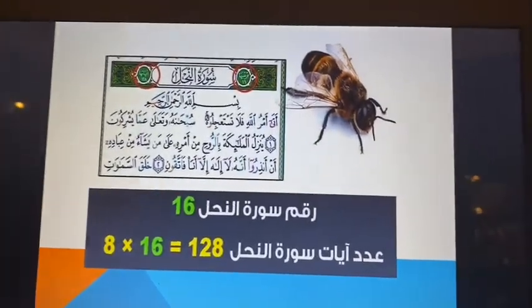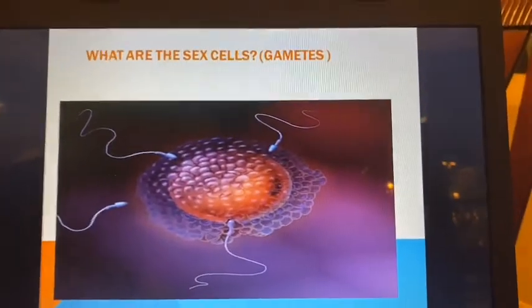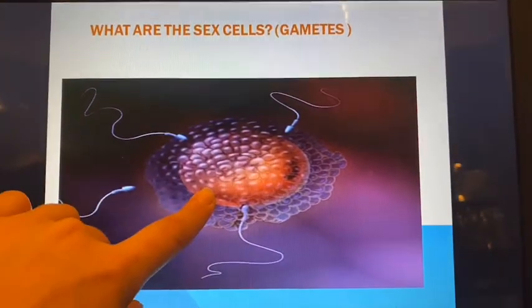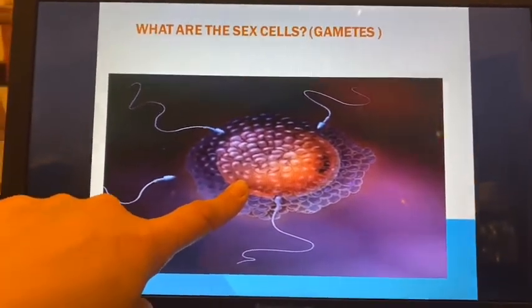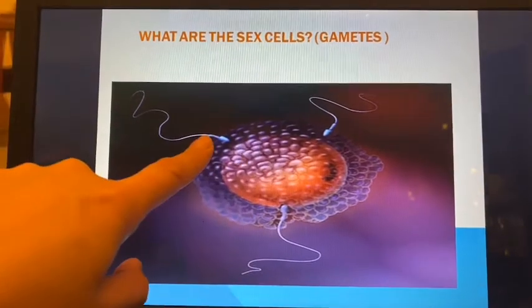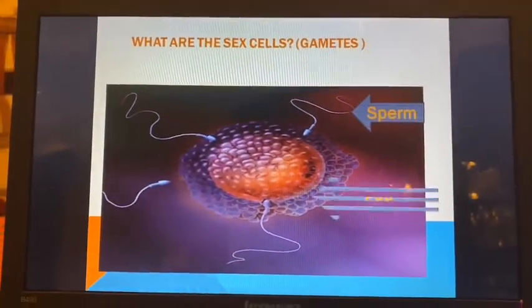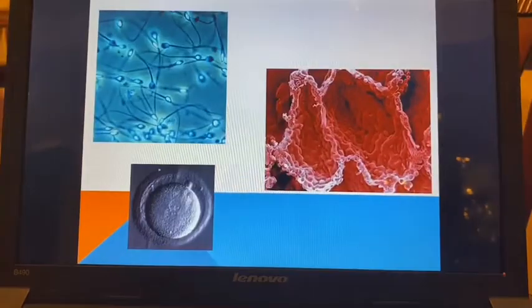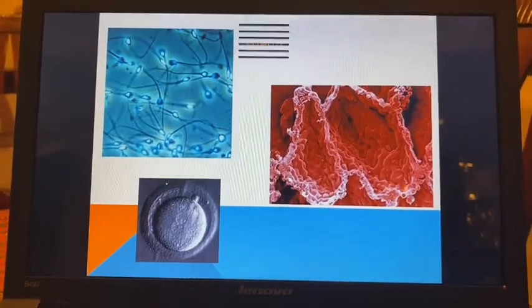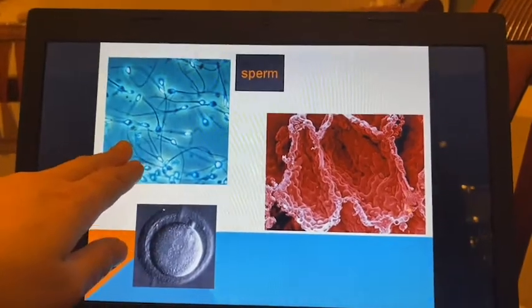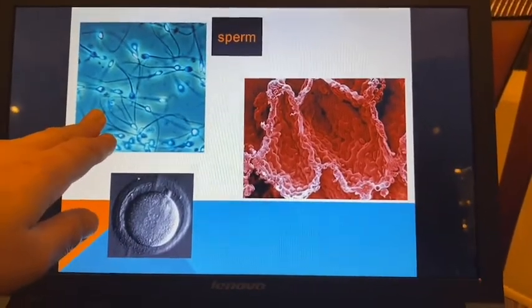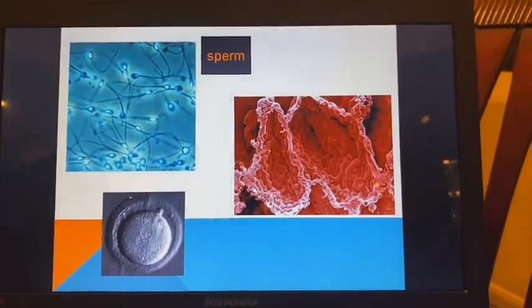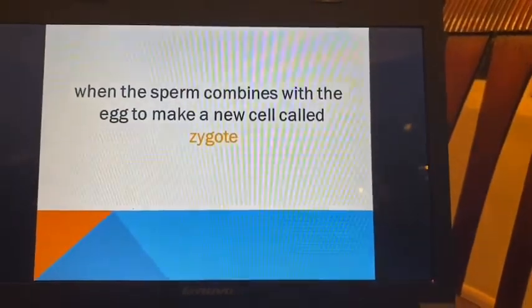So subhanallah. Okay, so this is the egg, the female sex cell, and this is the sperm, the male sex cell. Both of them have half number of chromosomes, haploid number. Okay, so again, the sperm, the male sex cell has half number of chromosomes, and the female sex cell has half number of chromosomes.